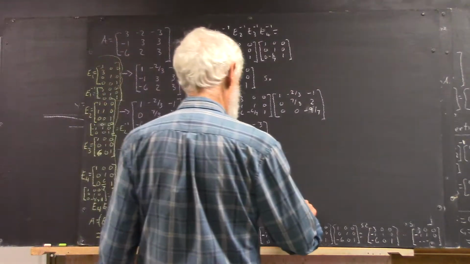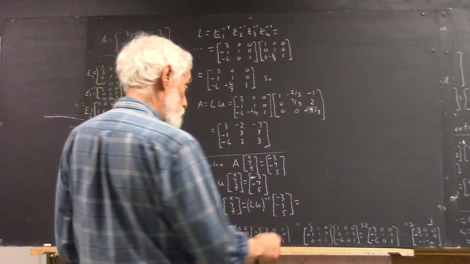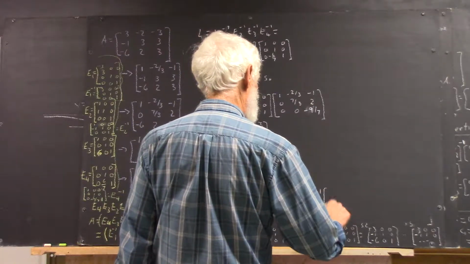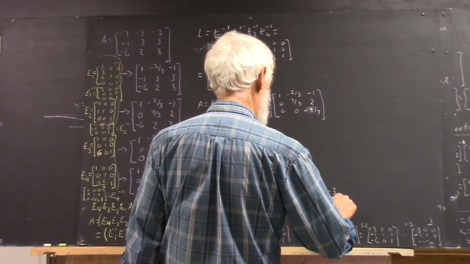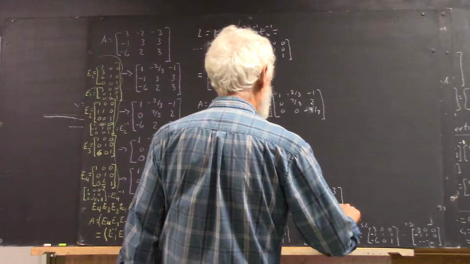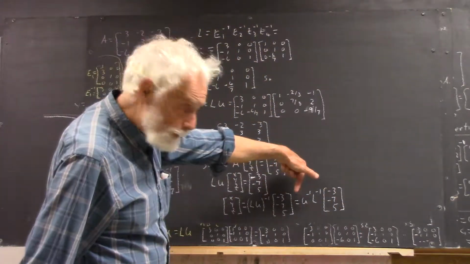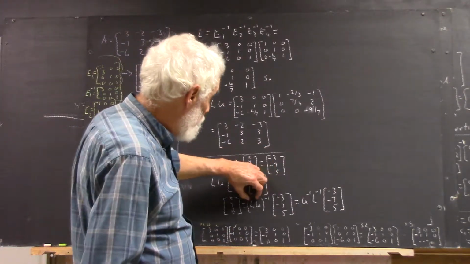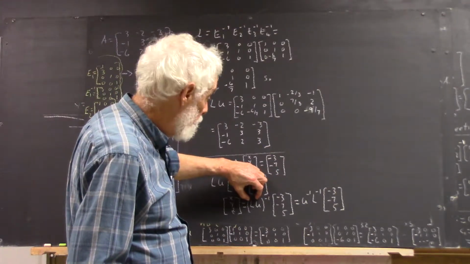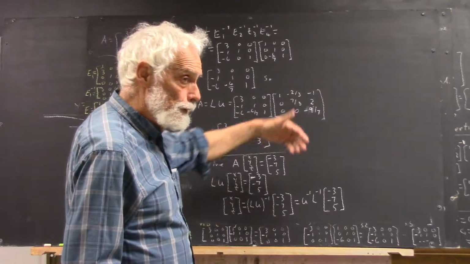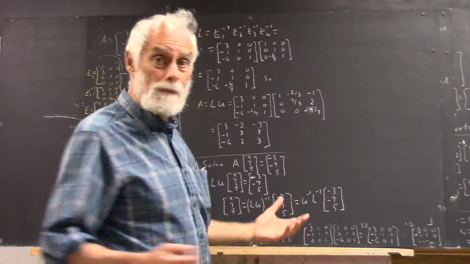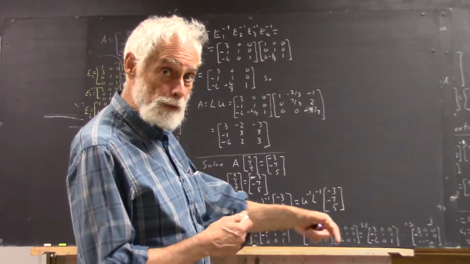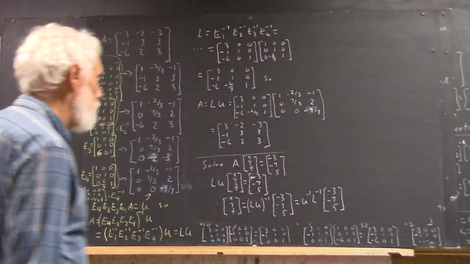Which equals, what's LU inverse? This is U inverse L inverse. Remember that we have to switch the order, and remember why. Multiplying this by LU gives us the identity, whereas if we did L inverse U inverse, it wouldn't give us the identity, except in rare cases where the matrices commute.